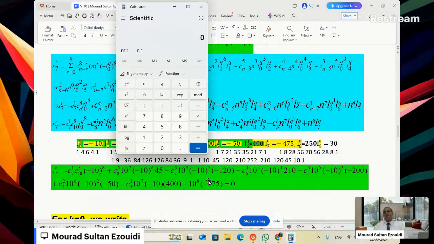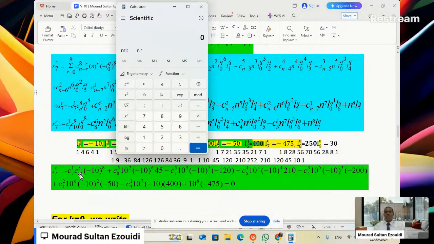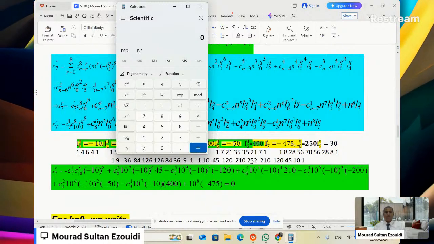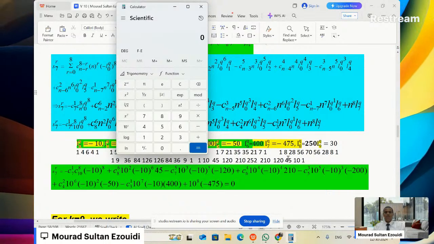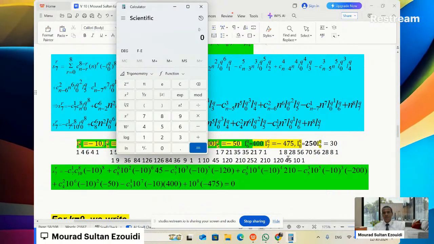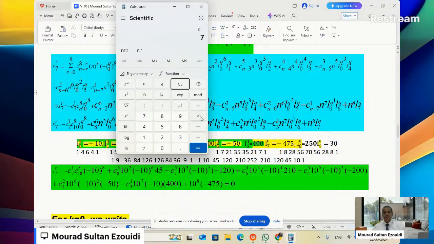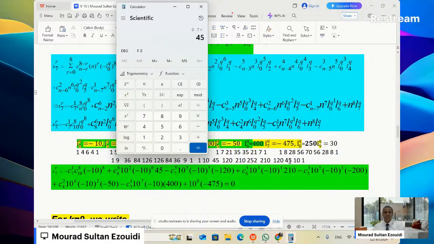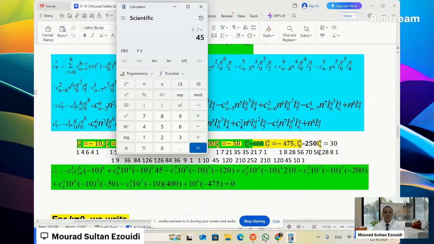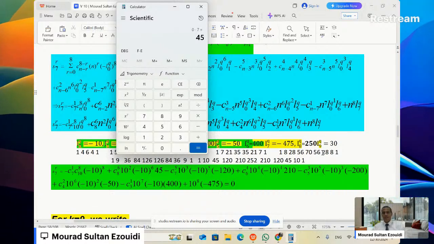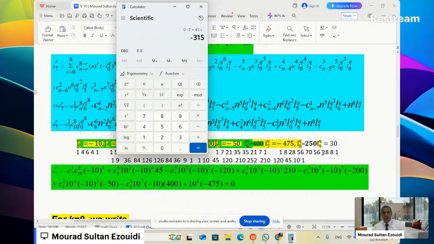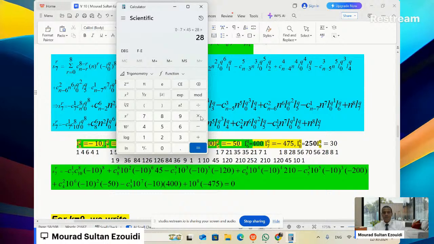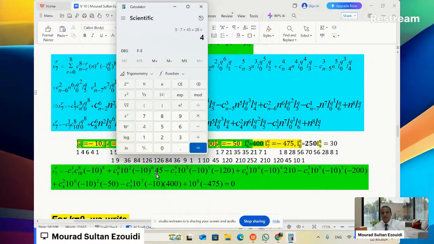Let's start. We have negative 7 times combination 10 choose 8, which is 45. So just write negative 7 multiplied by 45, plus combination 8 choose 6, which is 28, multiplied by 45.